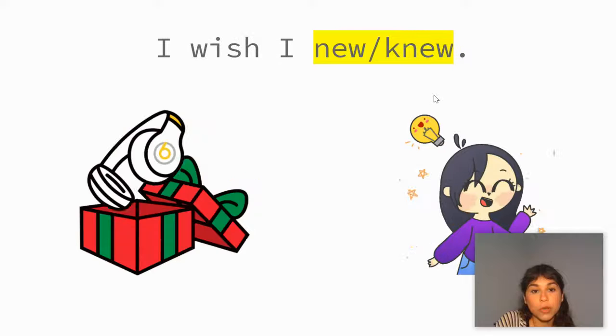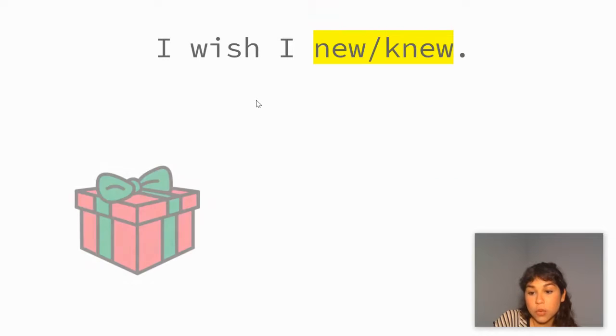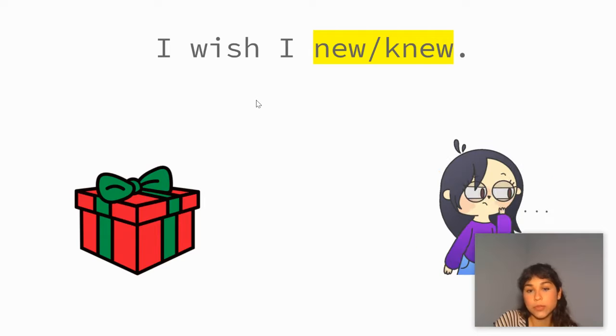And if we go back to our poem, we can see more context above. We know that the reader is talking about the sky. Why is the sky blue? We can read higher up to get more context. So if I read it together, how do I know why the sky is blue? I do not know. I wish I knew. So the speaker wishes to know why the sky is blue.